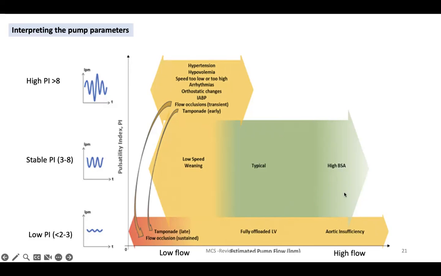If you have very high flow and stable PI, it's because your patient has a big BSA, and in the setting of aortic insufficiency, you have a kind of a loop, and you have very high flow in the pump, but a low PI on your screen.